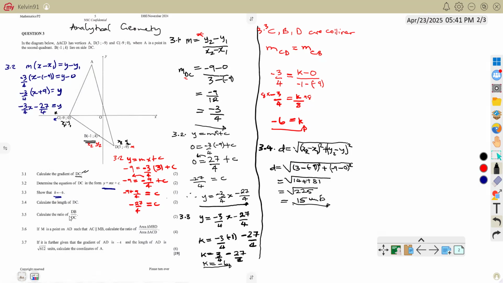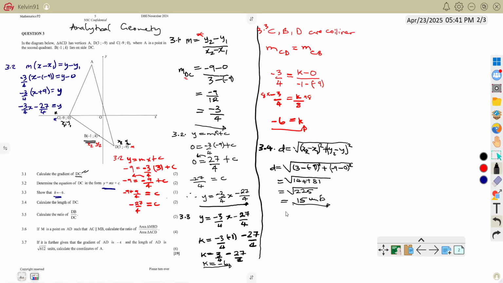Then the next question is saying you are supposed to calculate the ratio of BD as to DC.